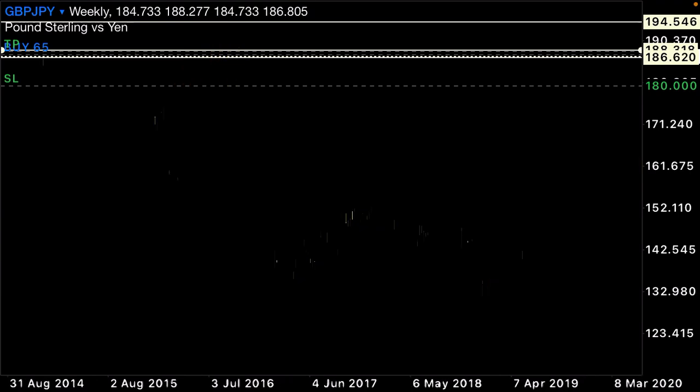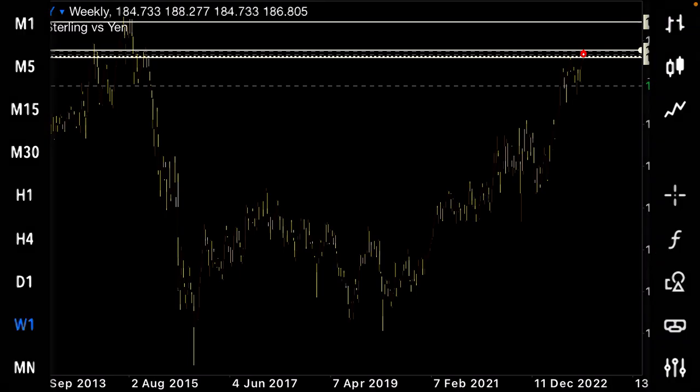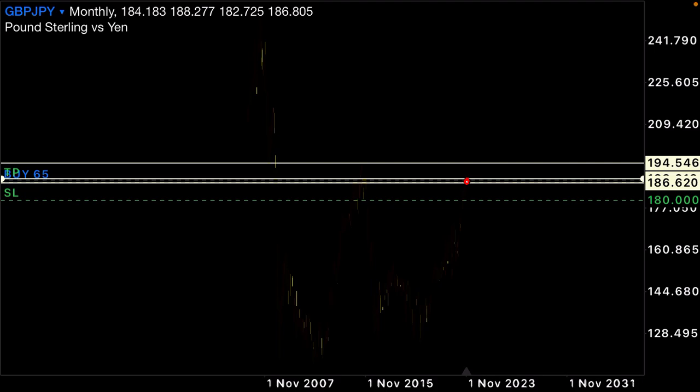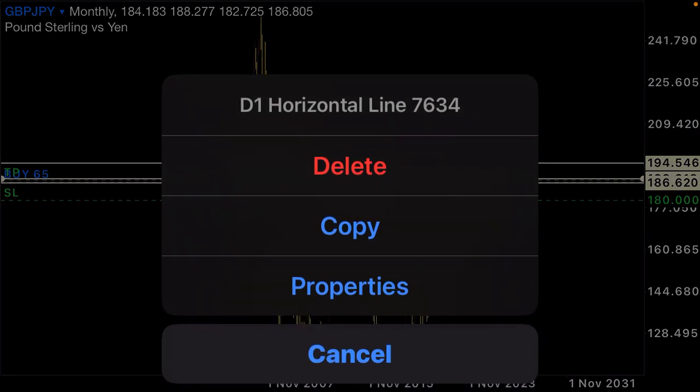And I guess that's as far as it wants to go. Anyways, let's go to the monthly. Yeah. Okay. So there's the white line all the way to the top.